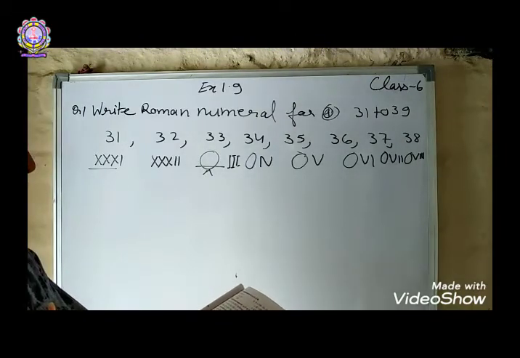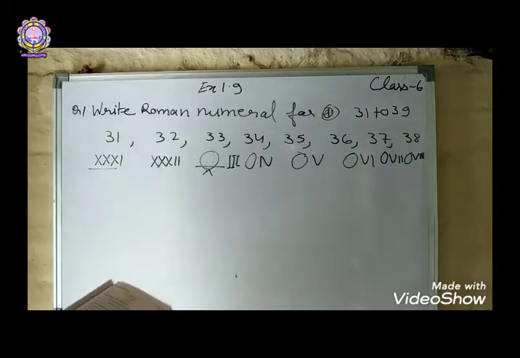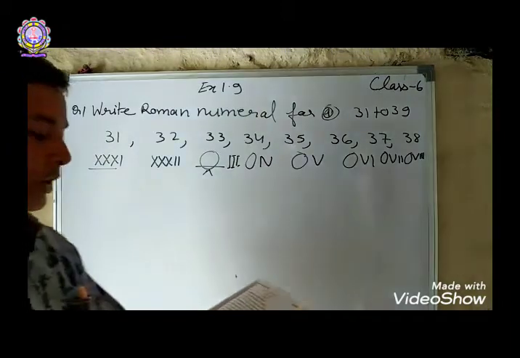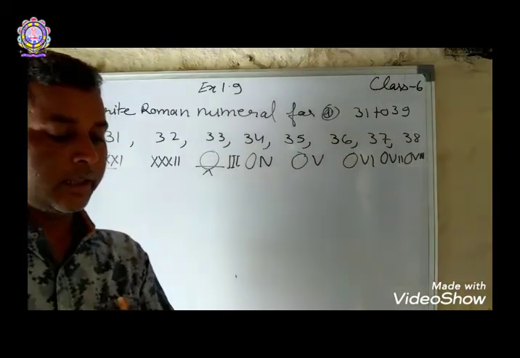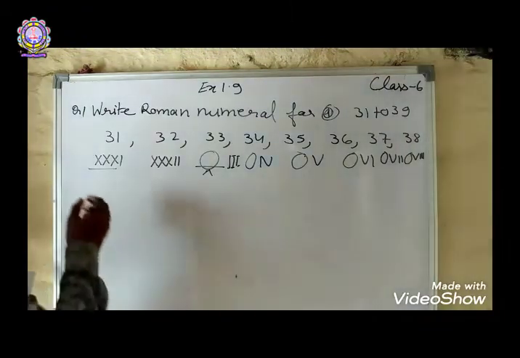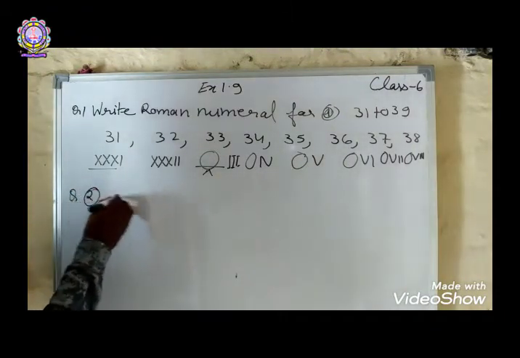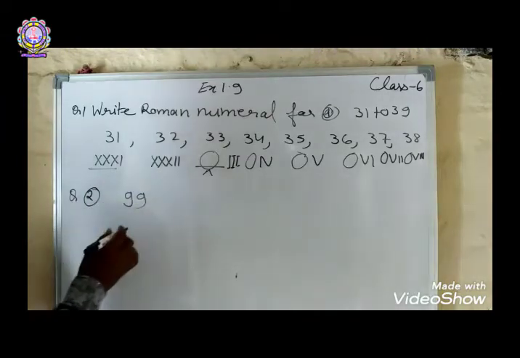Write the Roman numeral for the given numbers. Question number 2: 11, 23, 40, 56, 67, 88, 92, 99. How to write 99 in Roman?